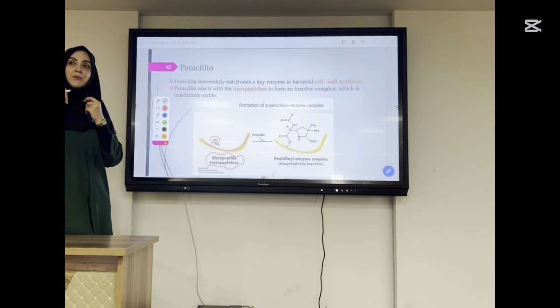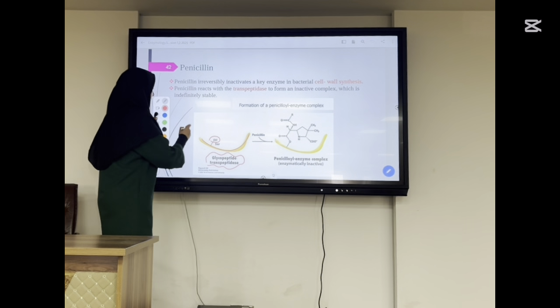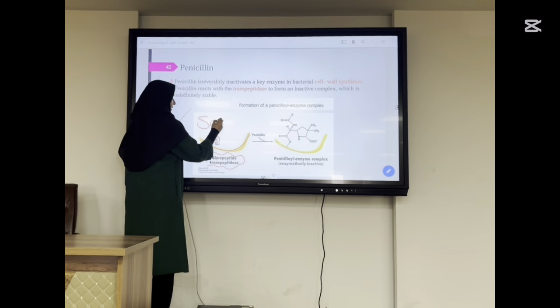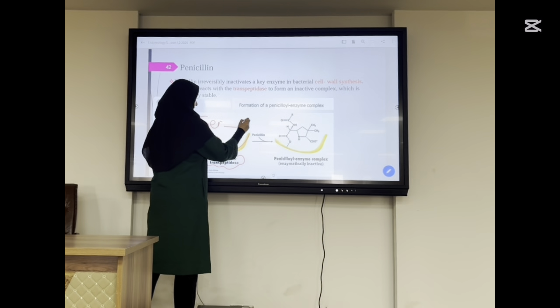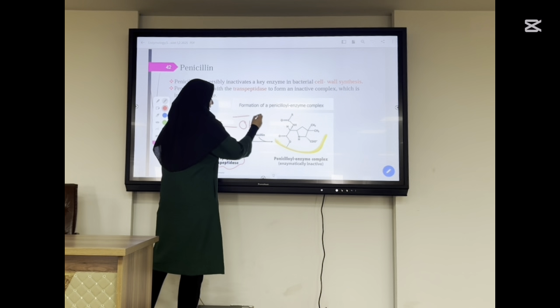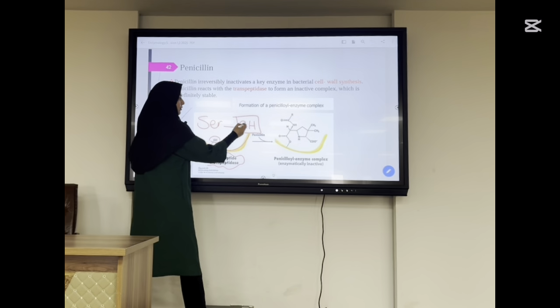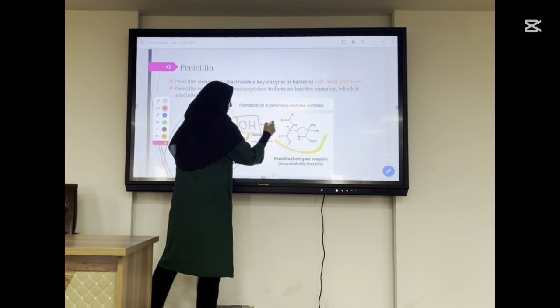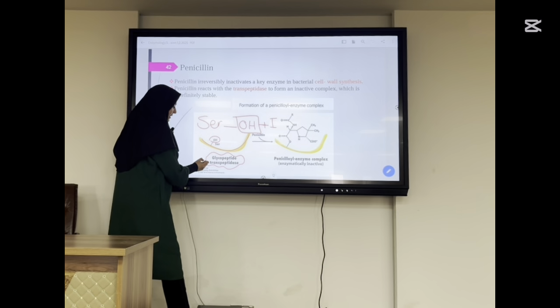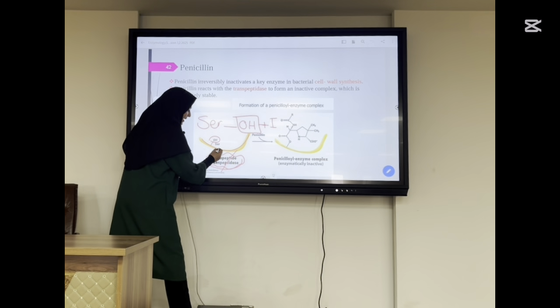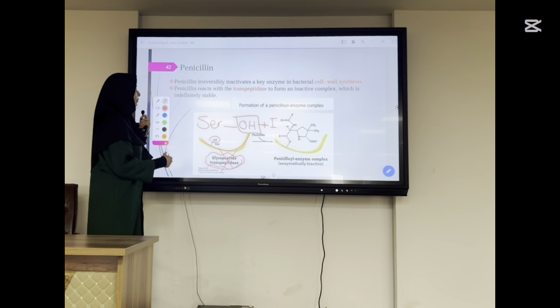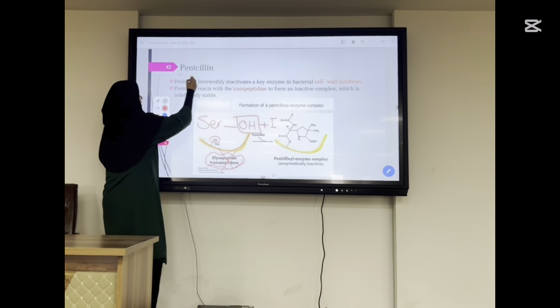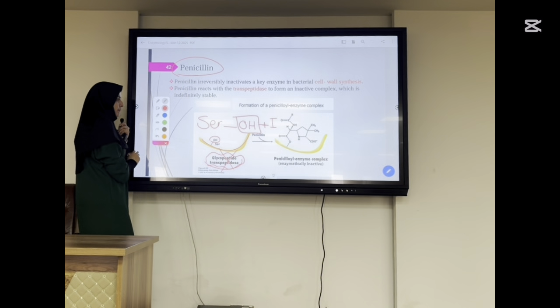So, if you remember an amino acid like serine, in the R chain it has a hydroxyl group. And this hydroxyl group can bind to the inhibitor, and so the transpeptidase is inhibited, so we can control the growth of bacteria with antibiotics like penicillins.